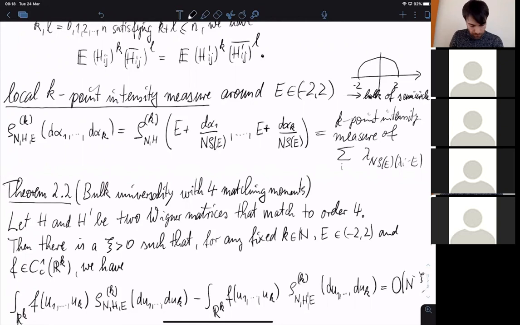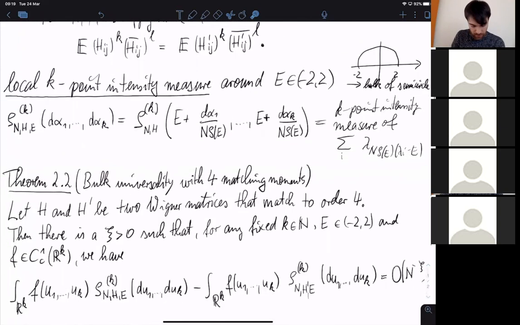We take the k-point intensity measure, sorry, not correlation function, and then we shift and rescale it. So everything is now centered around E, and rescaled to the scaling of the typical eigenvalue distances.